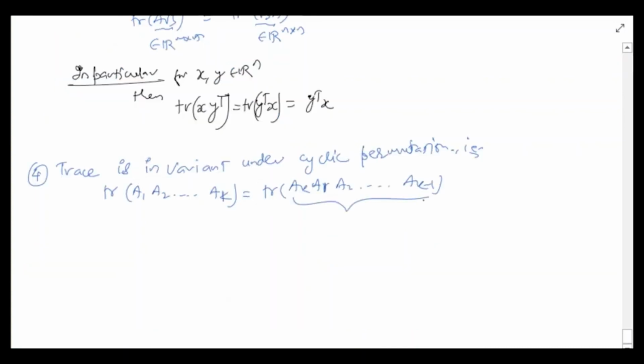Notice that here we have permuted the matrices in a cyclic order before multiplying them. Right, so the trace of the left hand side matrix is the same as the trace of the right hand side matrix. Of course, here we are assuming that the matrix multiplications are defined.